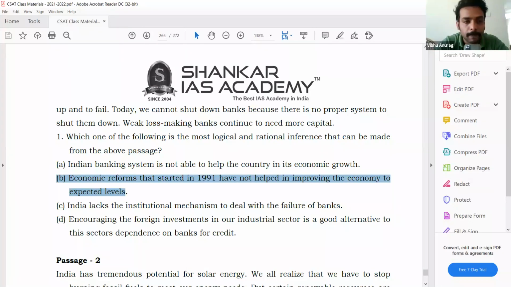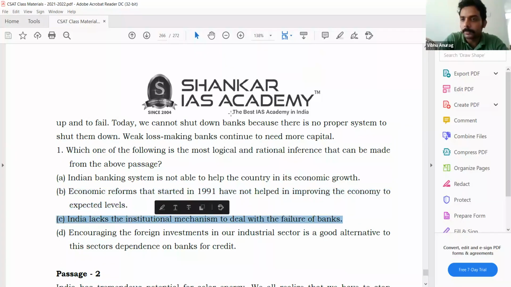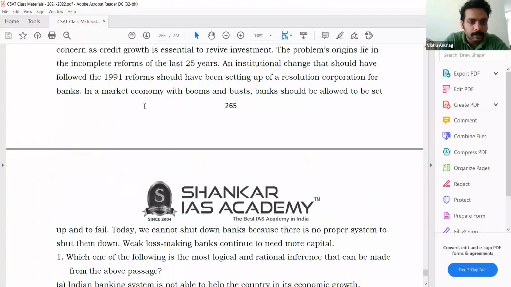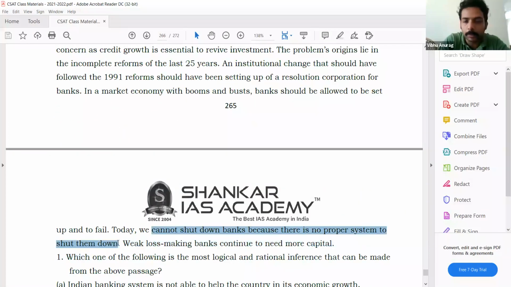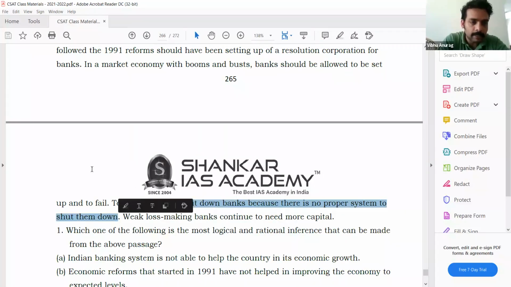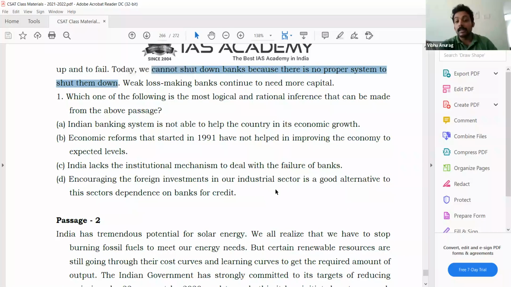That's the only thing. So option C, India lacks the institutional mechanism to deal with failure of banks. Yes, that is correct. That is mentioned over here: we cannot shut down banks because there is no proper system to shut them down. And D, encouraging foreign investments in our industrial sectors is a good alternative to this sector's dependence on banks for credit.